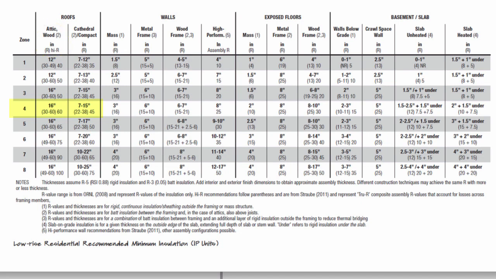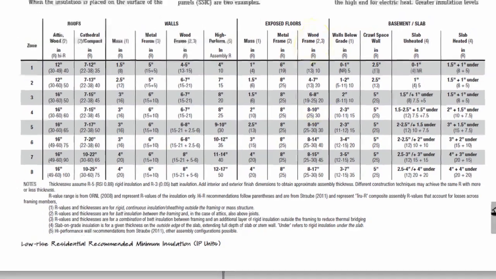On the other hand, if the roofing system is more of a cathedral or a compact roof where there's not room to pile up insulation on top of the joists, then the recommendation is for an R22 to an R38, with an R45 for a really high performance building. For wood frame walls, R15 to R21 with R25 for the high performance building. For mass walls, R16. For a wood frame floor, R25, or for a high performance wood frame, R30.